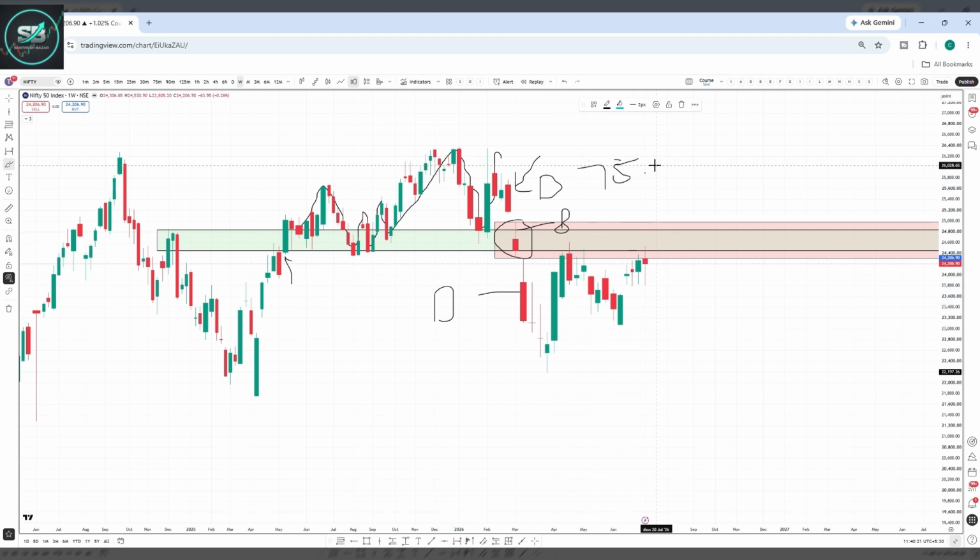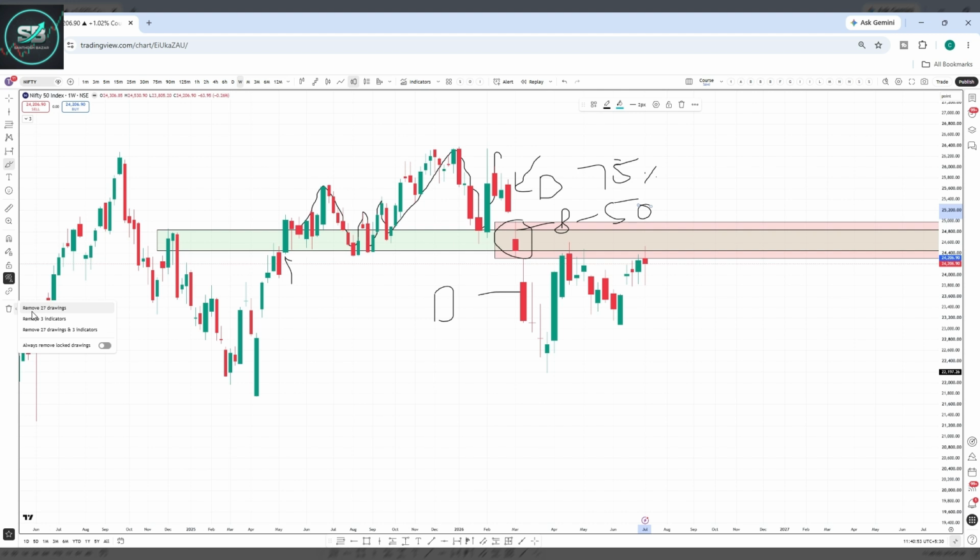A candle whose body size is less than 50% is considered a base candle. So here we have a candle with body more than 75% followed by a base candle whose body size is less than 50% of the candle size, and here again we have a drop candle where the body size is 75% of the whole candle. So when breaking this structure, it created this supply zone here.